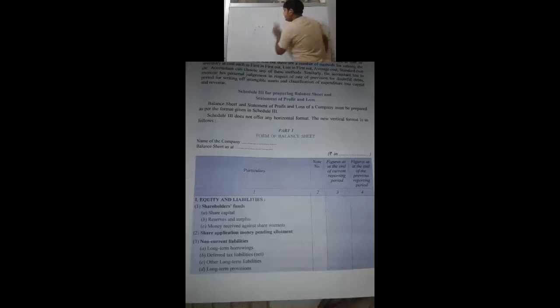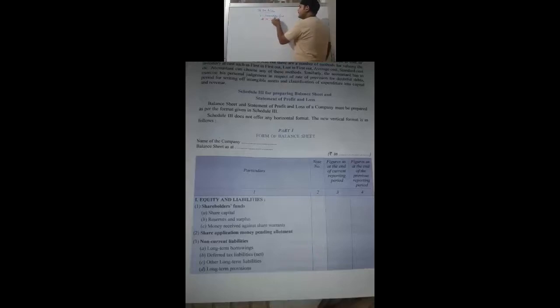If we are talking about the first side of the balance sheet, that is equity and liability, there are basically four heads, but we are talking about the first head, that is shareholder fund. In the shareholder fund, the company records the information relating to the first one, share capital.